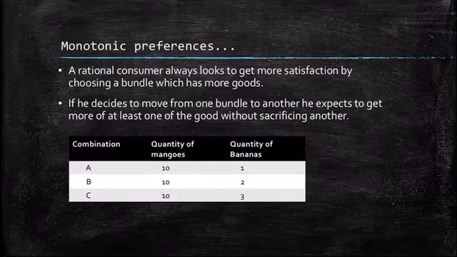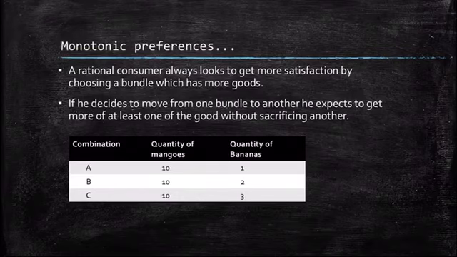And bundle B consists of 2 units of bananas but the same 10 units of mangoes. Being a rational consumer, which bundle are you going to choose? Correct. You are going to choose bundle B since it is giving more bananas but without sacrificing mangoes.